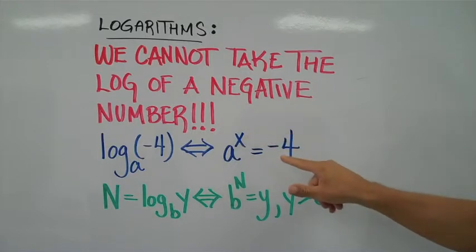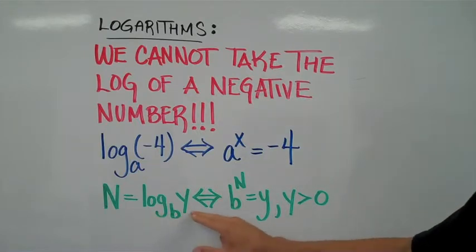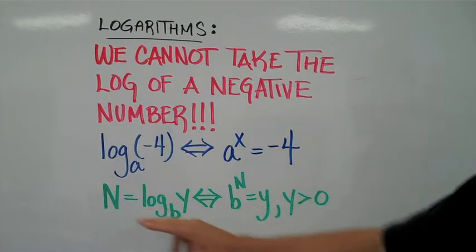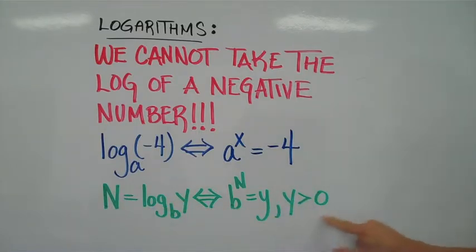A to a negative number is just going to give you a positive fraction, so you will never get a negative number there. So we can strengthen our definition of log. Log base b of y is n, which means b to the n equals y, where here's the key part, y is greater than 0. When we take a log of a number, the number we take, y, is always going to be greater than 0.